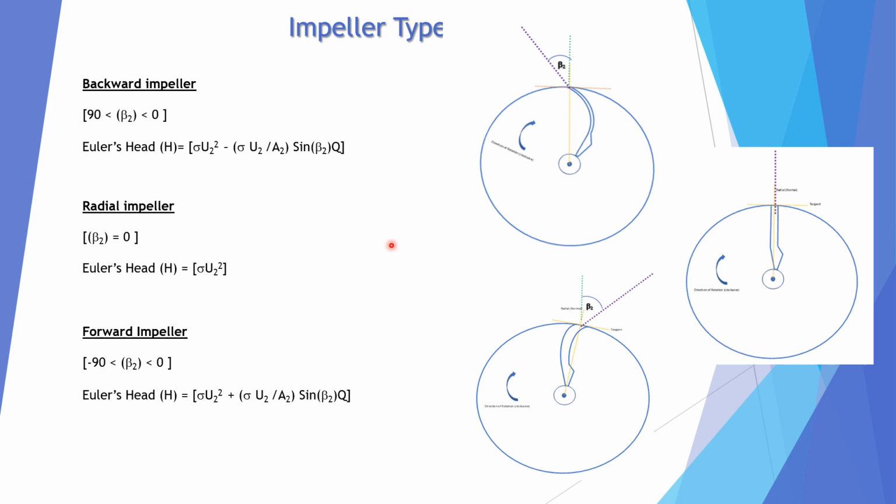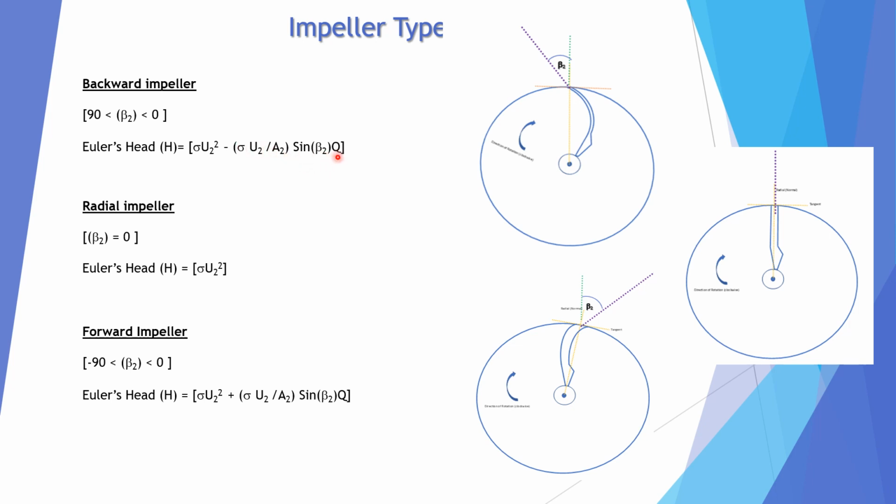For the backward impeller, blade angle is measured from 0 to 90 degree. So in between 0 to 90 degree is backward. For beta 2, we can see the sine value between 0 to 90 is always positive, so this term becomes negative.